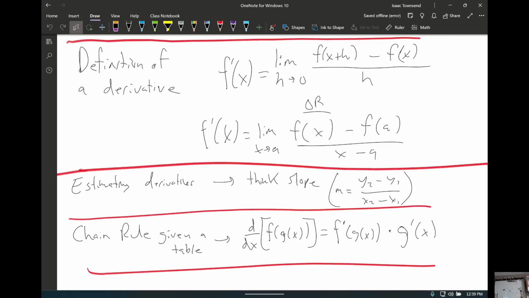Whatever's here is supposed to be your function. So that probably narrows down a choice or two. This is supposed to be whatever your function is with the value of the derivative you want. So this could be a number, or should be a number. This a and this a should be the same. The rest is.